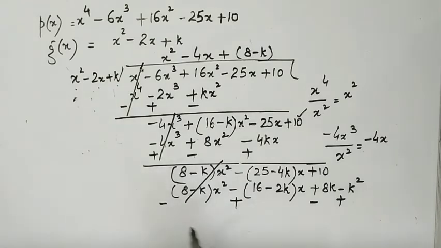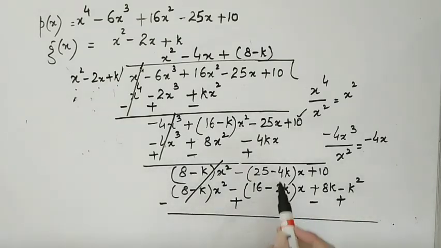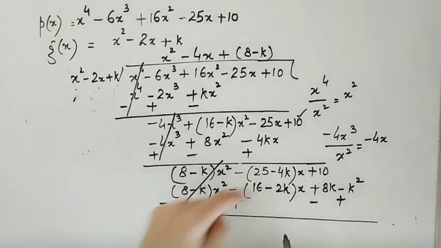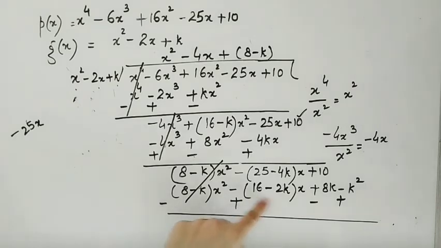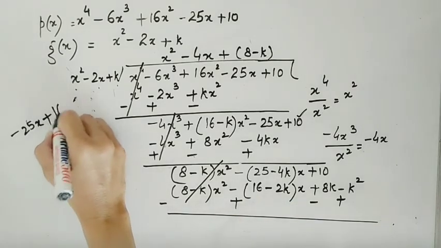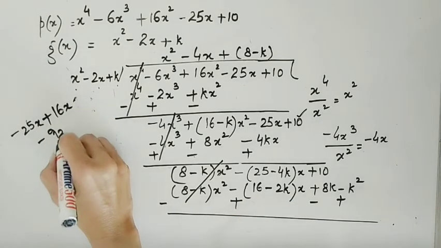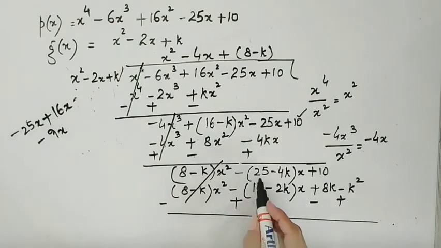This one is cancelled. Now observe this carefully. Minus 25x plus 16x will be minus 9x. So that's our first term after simplification, after subtraction.